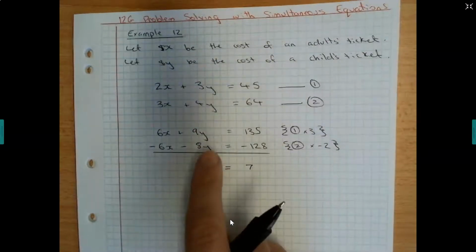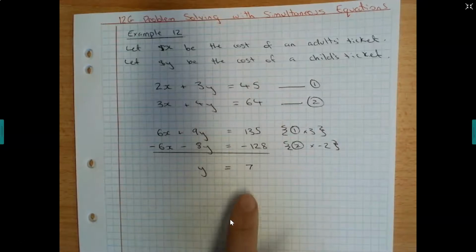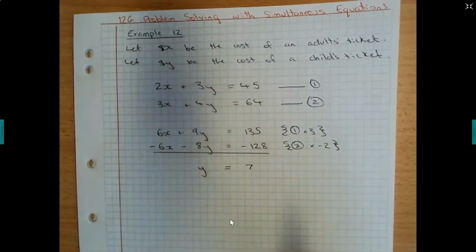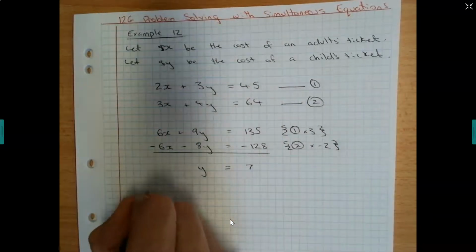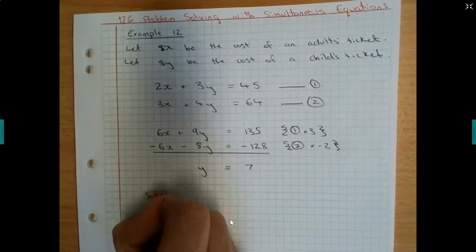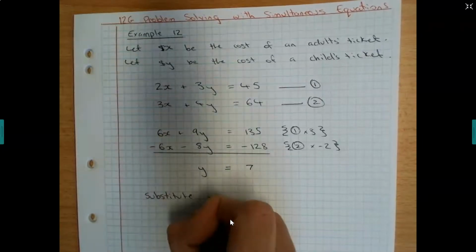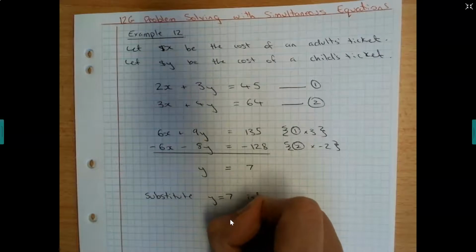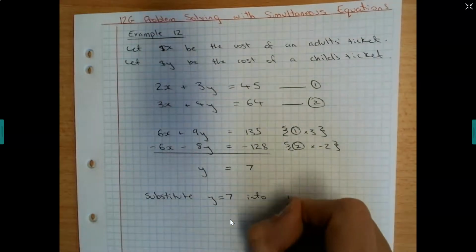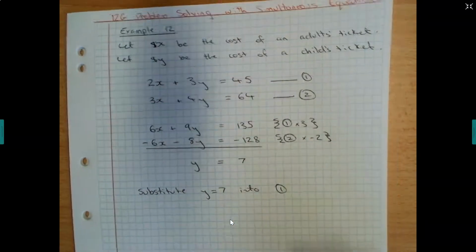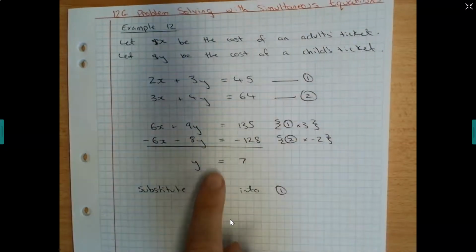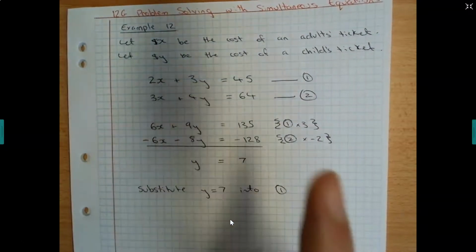Then to find what the cost of an adult's ticket is, I can just substitute this value into either one of those equations. So substitute y is equal to 7 into, now I'm just going to do it into equation 1. You could do it into equation 2 if you wanted to. So I take this value and I substitute it in for that y.